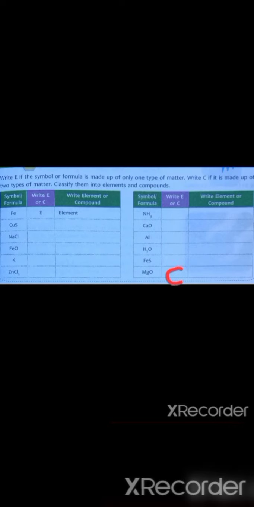It is also compound. So when any pure substance is made up of different kinds of atoms, it is compound. When two or more different kinds of atoms are present in a molecule, they are compounds, and when only a single kind of atom is present, they are known as elements.